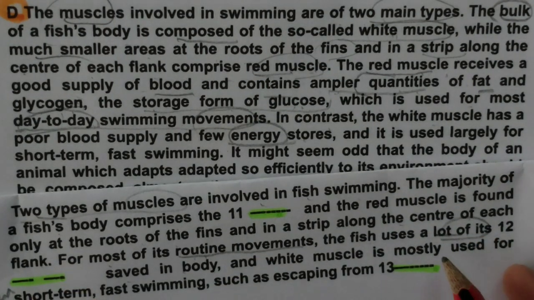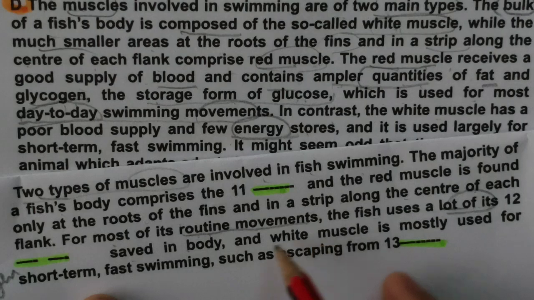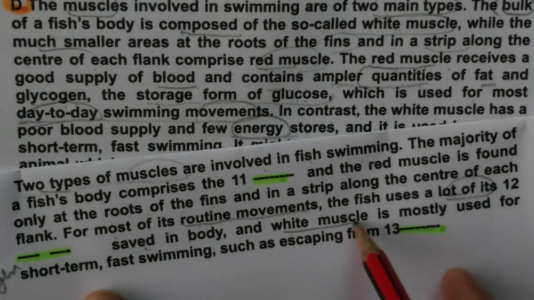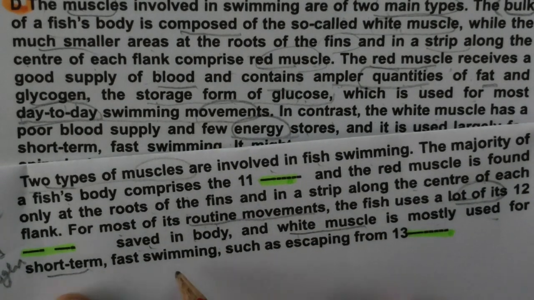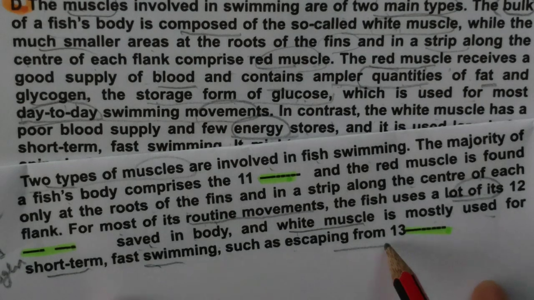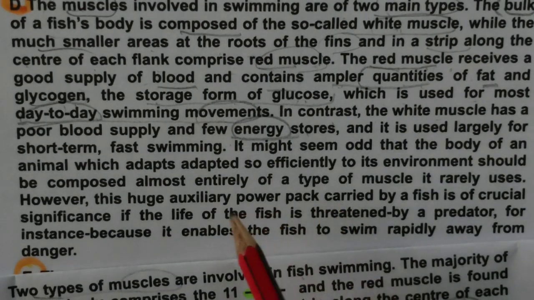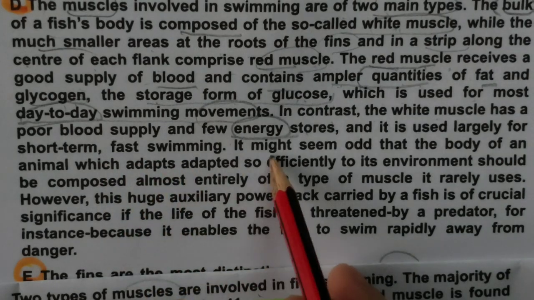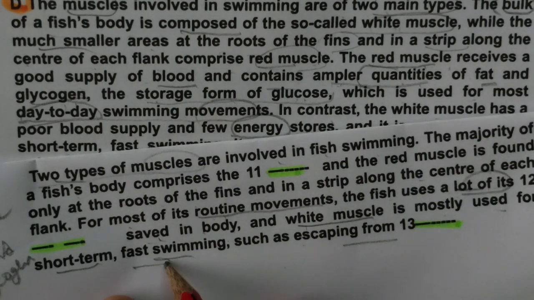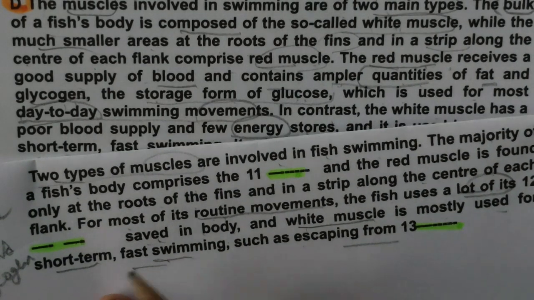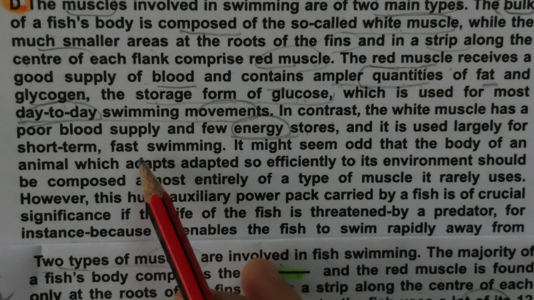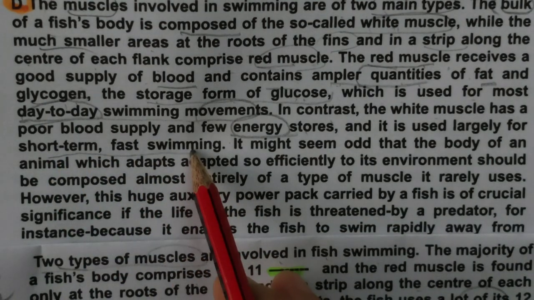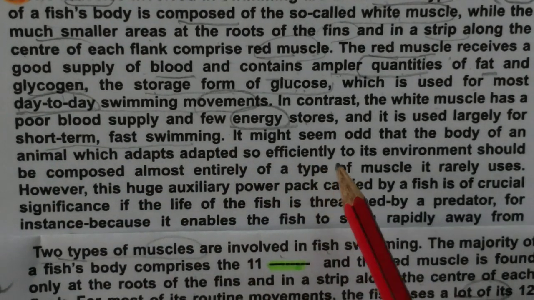Now next one is 13th. Saved in body, and white muscle is mostly used for short term fast swimming such as escaping from. Now white muscle, fast swimming is here, is mostly used for short term. Short term word is also here, and where is escaping?